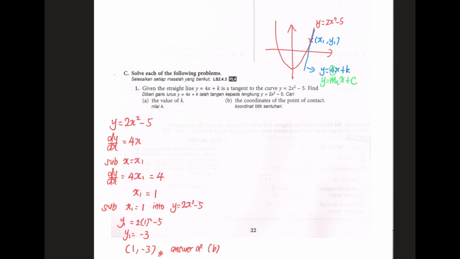So to find k, I substitute 1, minus 3 into y equal to 4x plus k. Because this point is at the same time on the tangent. The point is on the curve, and is on the tangent as well. So that's why we can substitute the point into both equations. So I substitute. Then I get k equal to minus 7, which is the answer of part A.